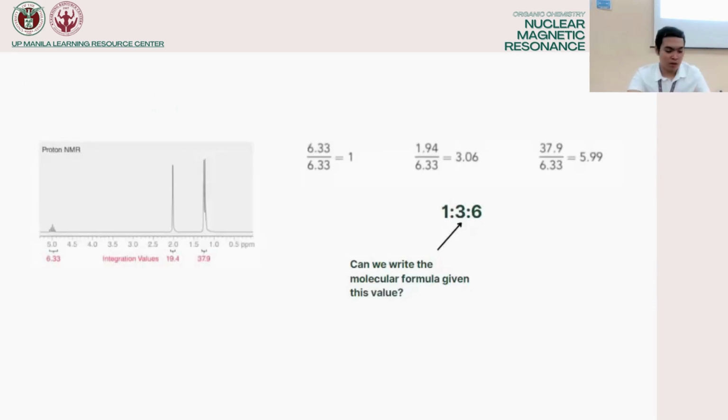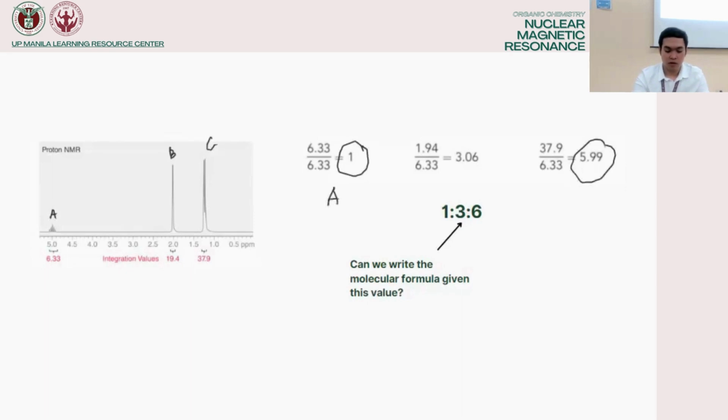It's easy, right? So when we write the integration, where did we put the 1 hydrogen? A, B, or C. This is for A, correct.